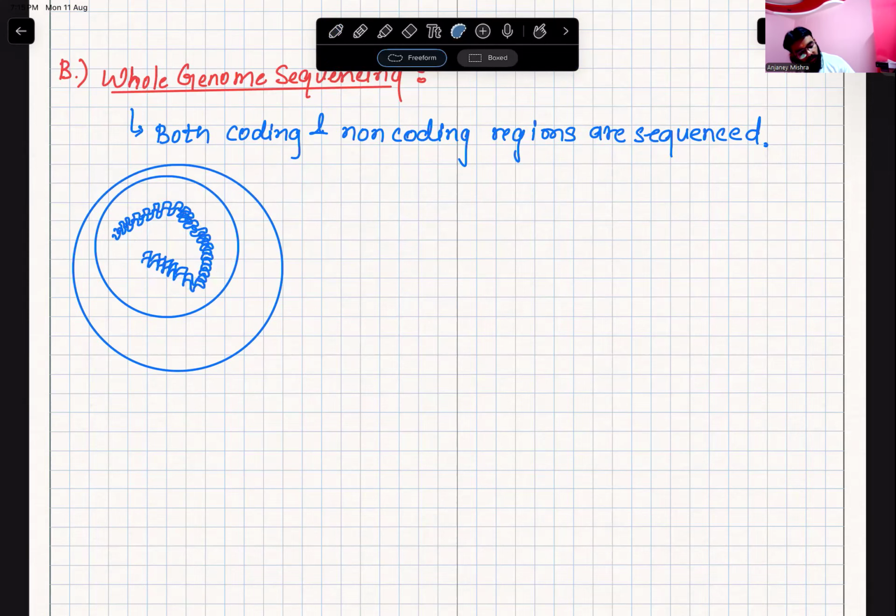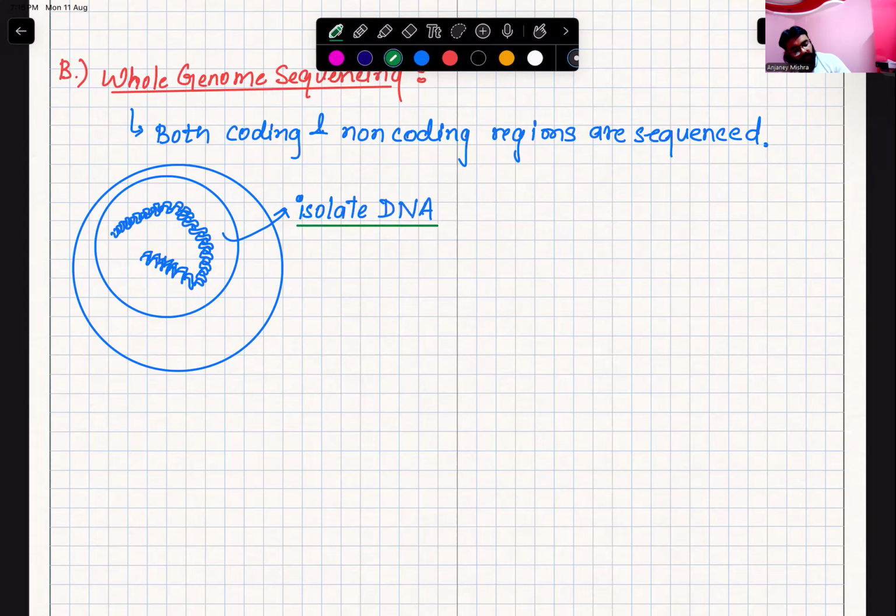The first step you have to do is isolate the DNA. We have already seen how to isolate the DNA. First, you add lipase, protease, RNase, and all of that. And then you add chilled ethanol, and the DNA is isolated. Clear?